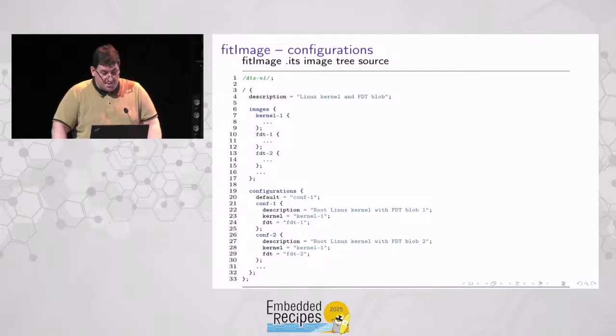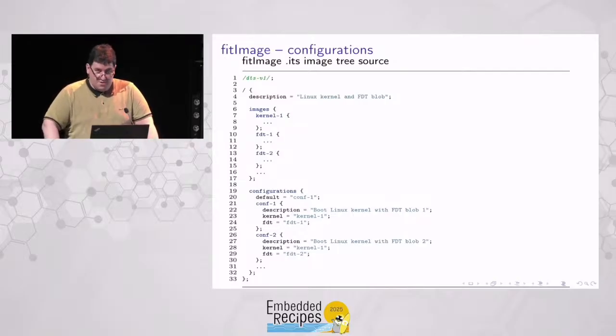But there is another thing, which is configurations. That's another half of the FIT image. The configurations put all these images in the FIT image together in some sort of a meaningful configuration. It allows the user to select which of the images in the FIT image fit together, and it allows the user to boot this specific configuration.